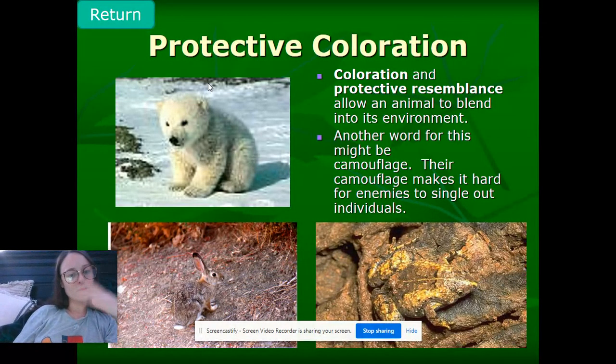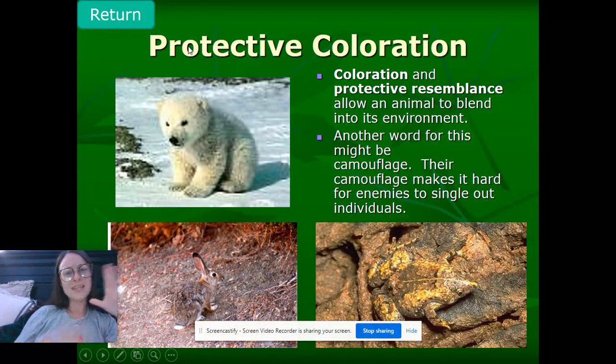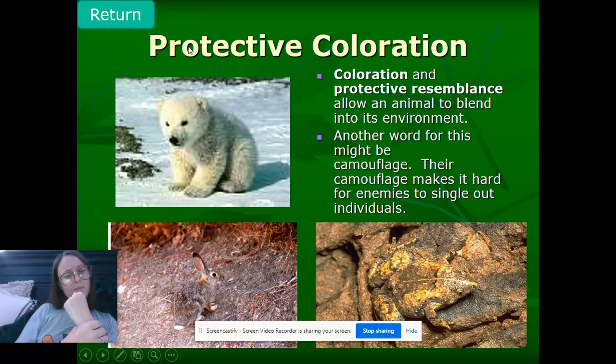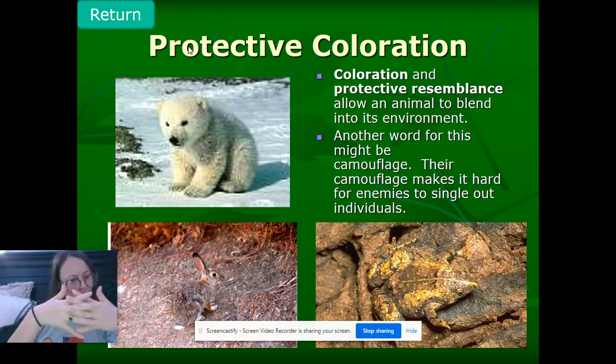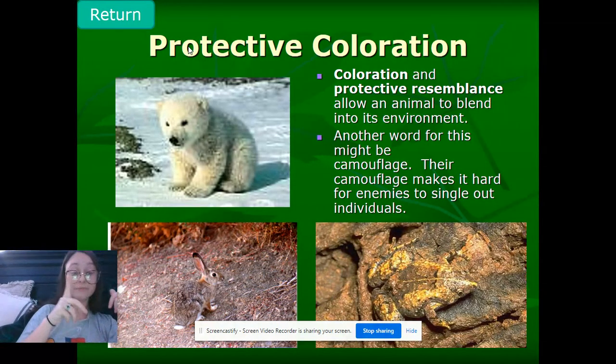So now, what do we think that protective coloration is? I know color is like the color of something. And then that word protective, that means to like take care of or to like shield. So what do we think protective coloration is? Let's read about it.